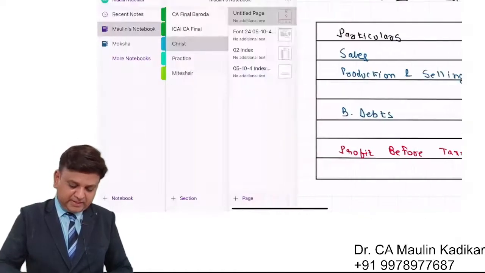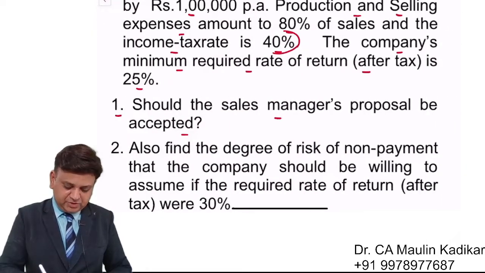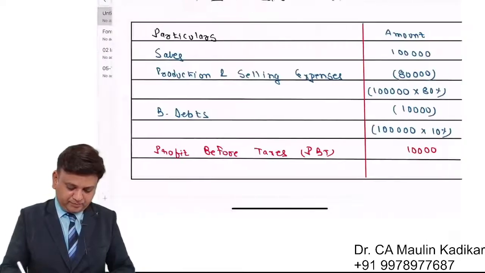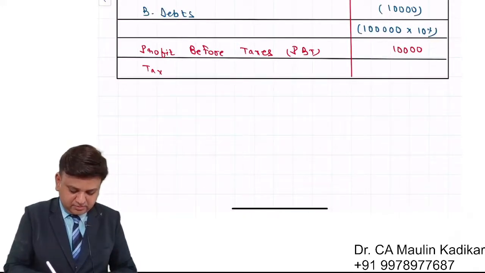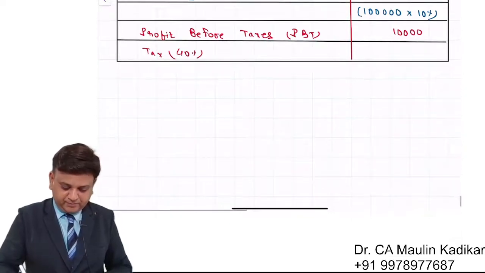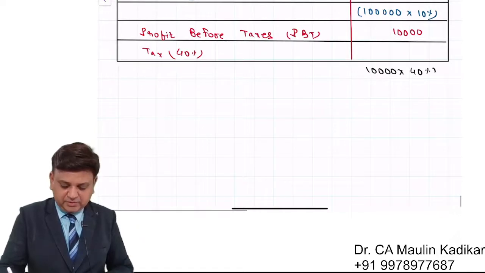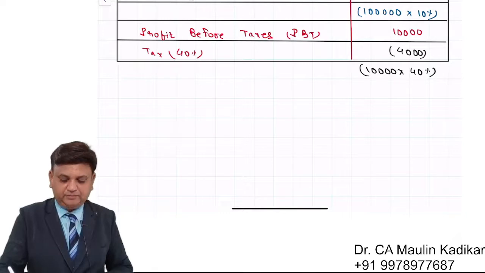Now the question is providing that the income tax rate is 40%. So you have to pay tax at the rate of 40%. 10,000 into 40%, that is 4,000.